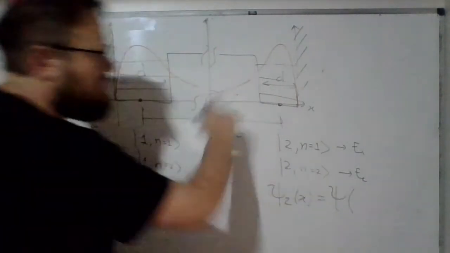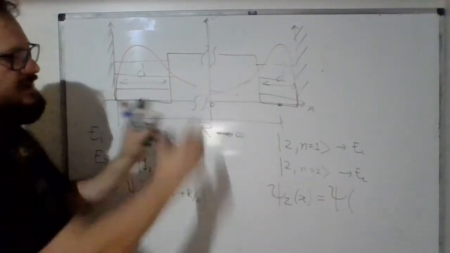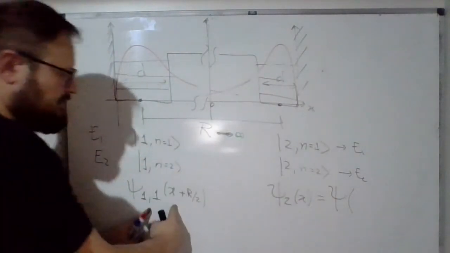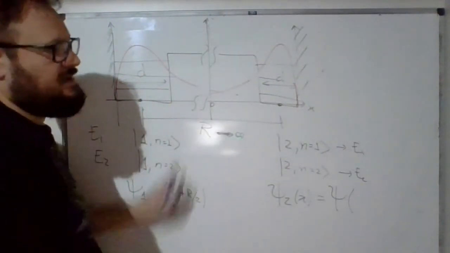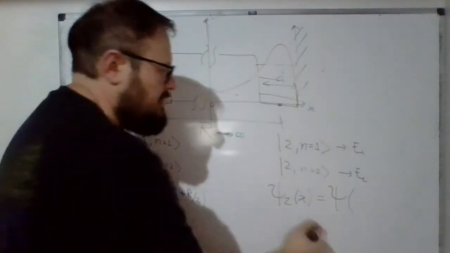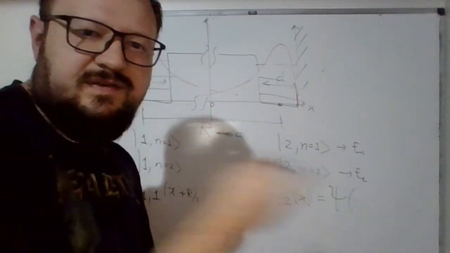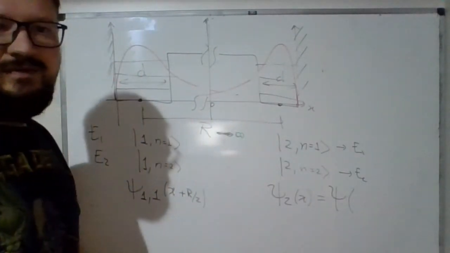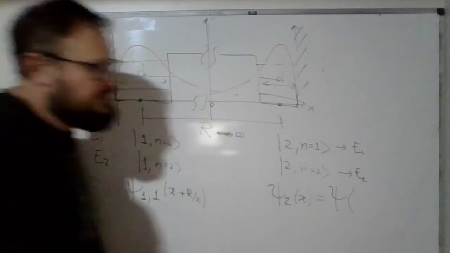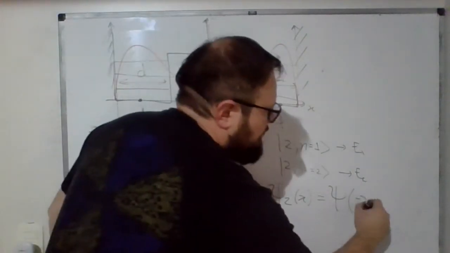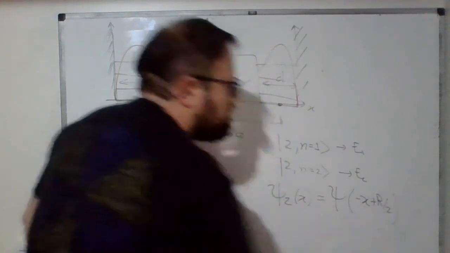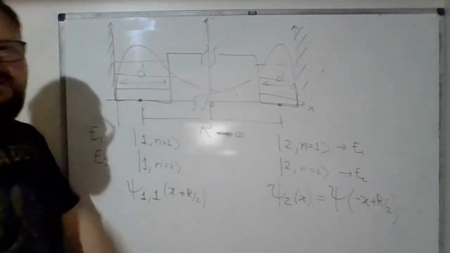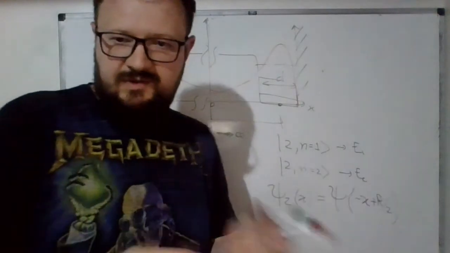And the other solution, what is it? It is just the same solution dislocated to the right, but you need to reverse the regions. All right. So I'll just say minus x plus R over 2. You need to reverse the regions. All right.